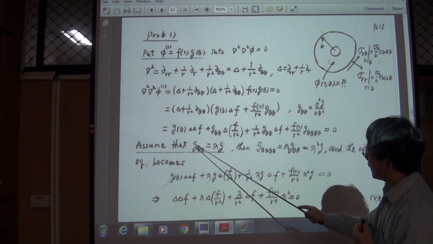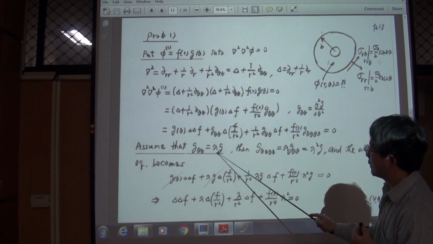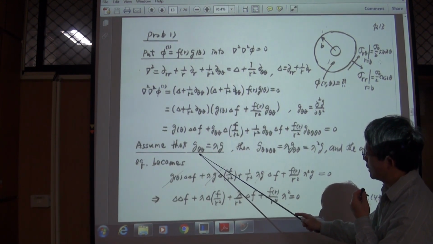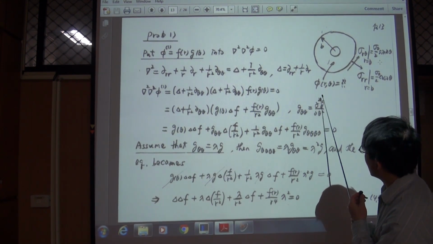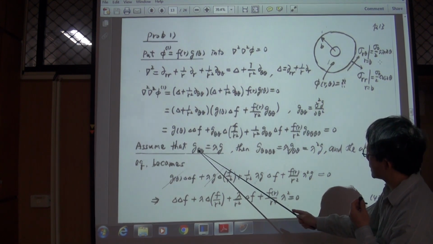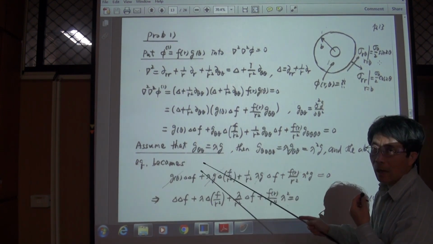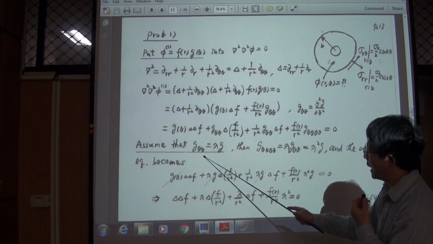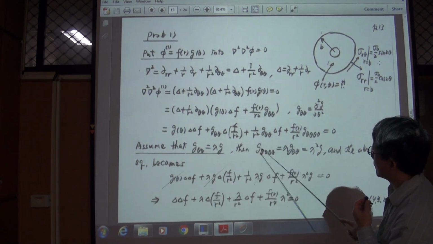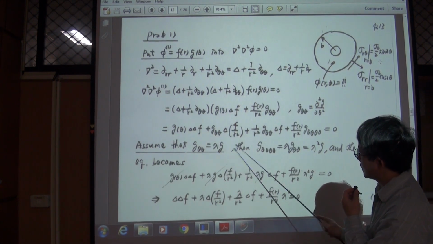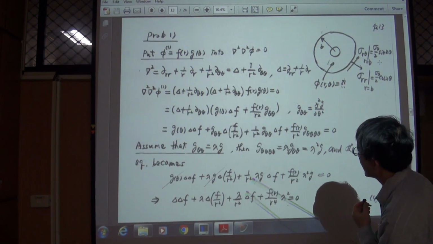See here, we assume this relation holds. And this is just this, and then we differentiate this identity with respect to theta again to get this one and this one. Differentiating twice gives this one.